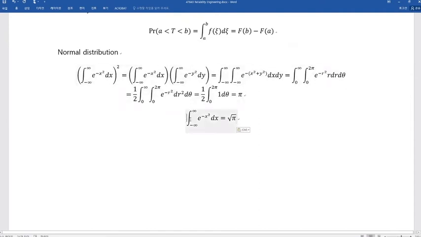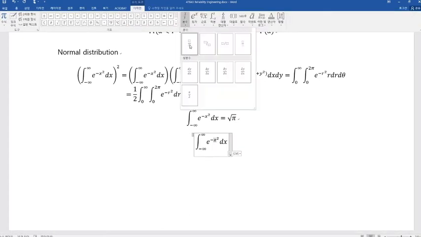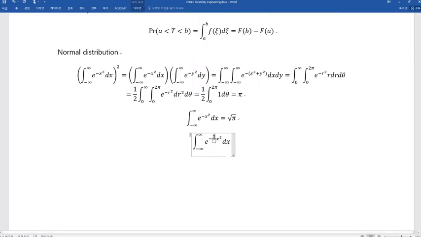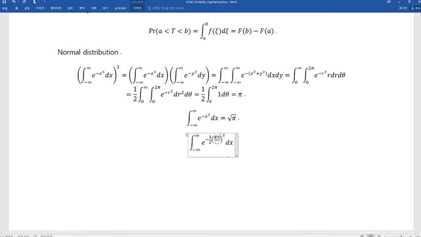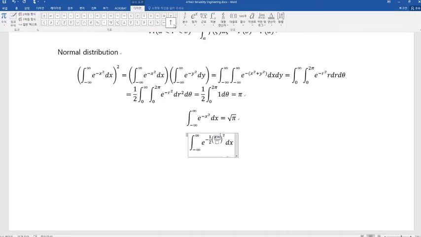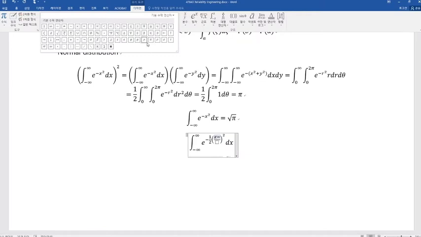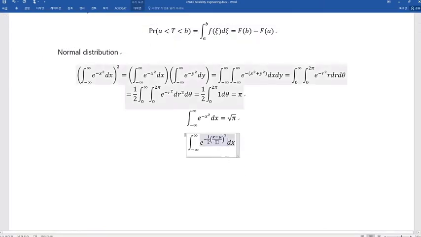So what if, instead of exponential minus x squared, we change this form to 1 over 2, and instead of x squared, x minus mu, that's the average value, x minus mu over sigma.